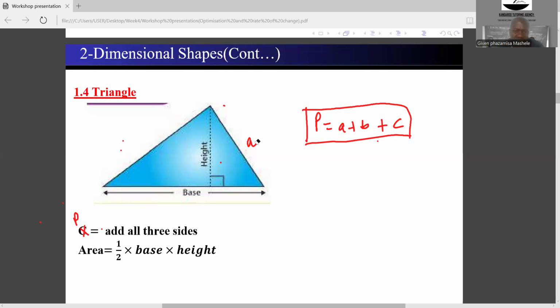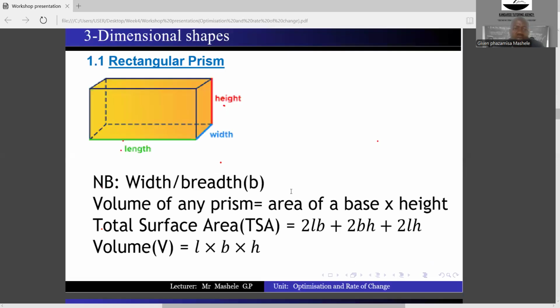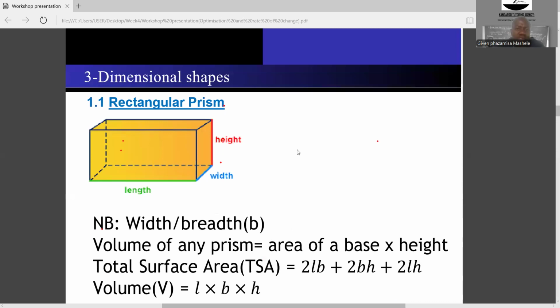And guys, if you understand how to determine the perimeter and the area of a two-dimensional shape, especially when dealing with a rectangle and a circle, then you are good to go. All right, now I'm going to take you through the three-dimensional shapes. Under three-dimensional shapes, we're going to talk about a rectangular prism.